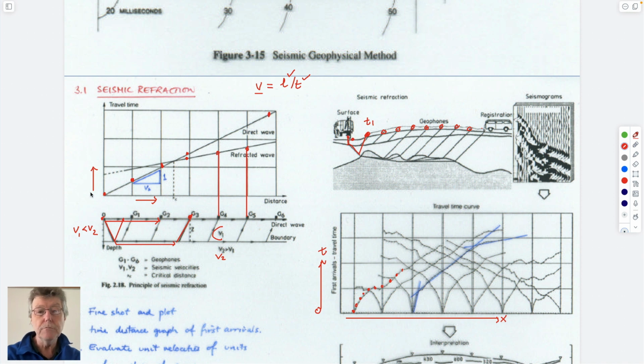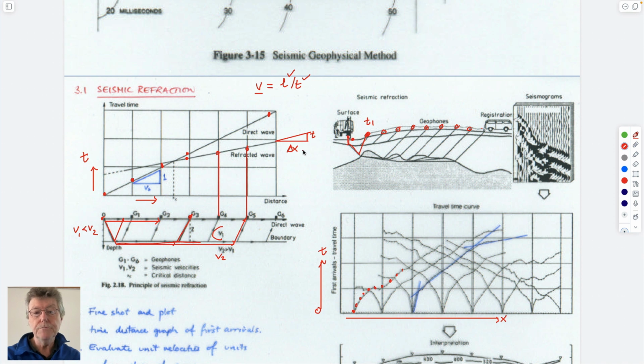So this wouldn't be the first arrival, because this is time. The first arrival would be the one that would go across the slow layer, get into the fast layer, refract along its base, and then re-refract up through the slow layer to give you this point prime. So the information you now have from this is a travel time and a length, delta L. So this would be a proxy for the velocity of the lower layer.